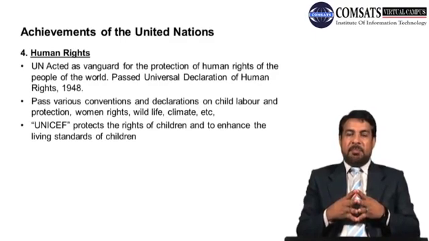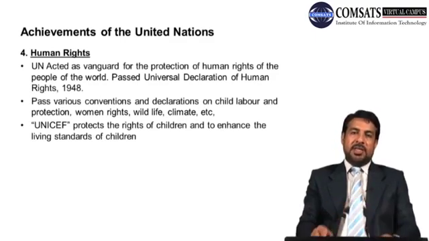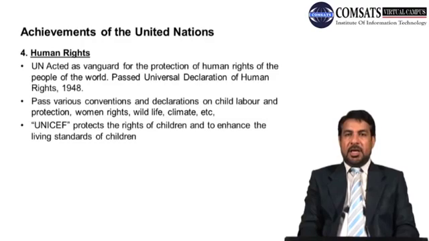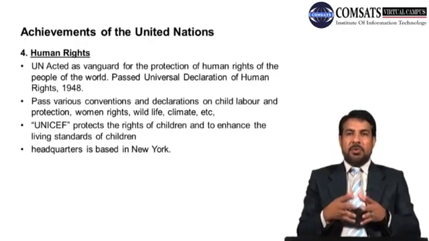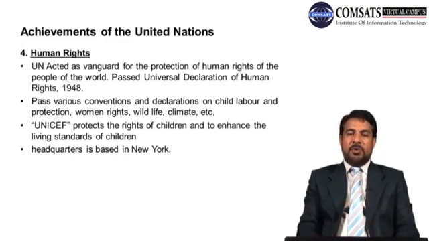It has made clear to the states that these rights should be protected and promoted, and there should be no violation of these rights. अगर कहीं पे इनकी violation हो रही है, the UN keeps a very strict watch on these violations, and through its organs and different bodies, these violations are reported, and then that country or state is intimated कि आप जो violation कर रहे हैं वो सही नहीं है, तो लिहाजा इन violations को रोक दिया जाए.